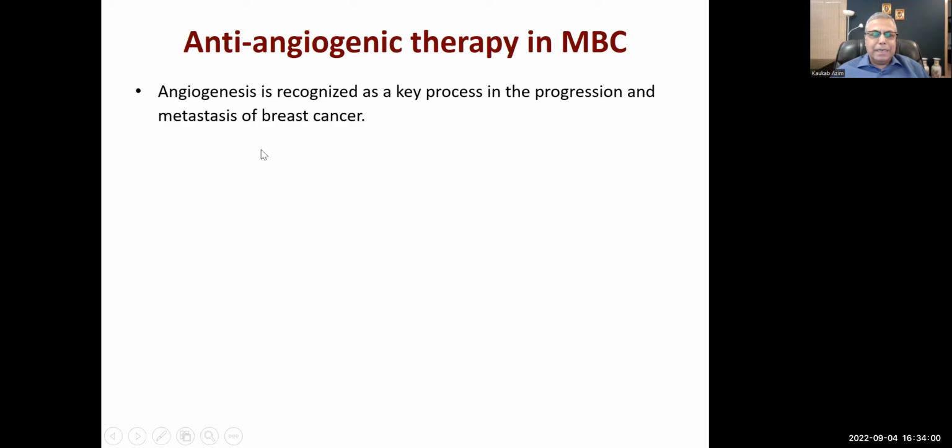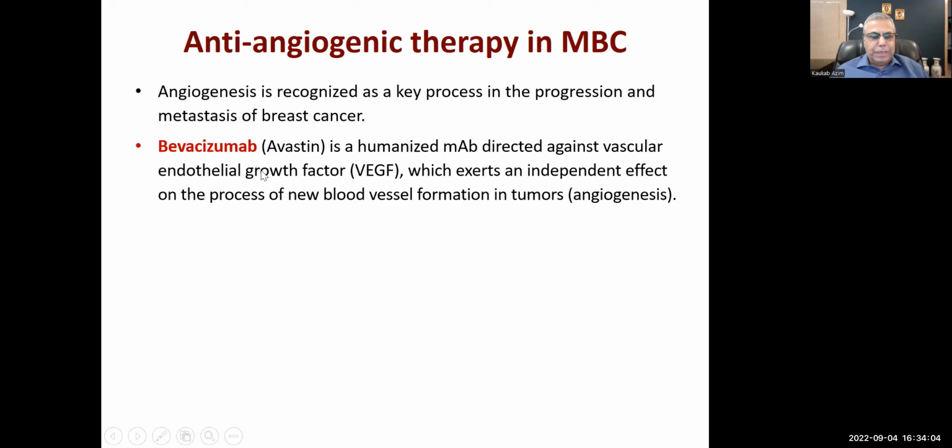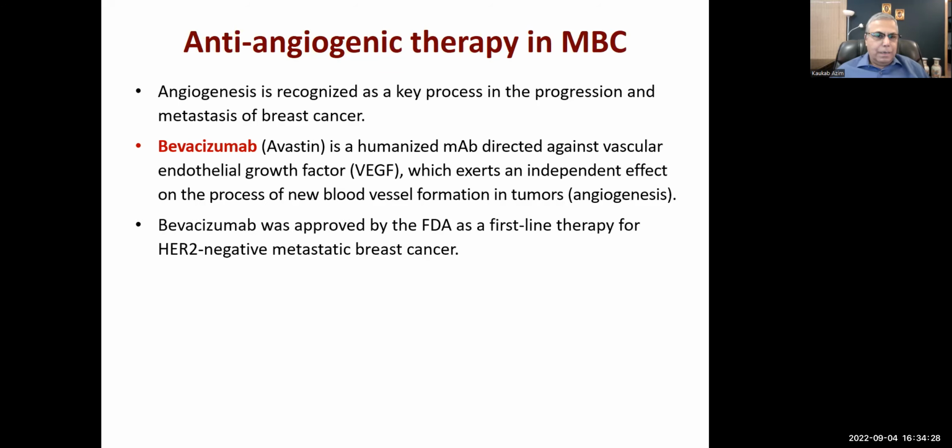So this is an antibody against vascular endothelial growth factor, VEGF. The brand name is Avastin. It is a humanized monoclonal antibody directed against vascular endothelial growth factor, which exerts an independent effect on the process of new blood vessel formation. But unfortunately, in breast cancer, again, the FDA withdrew its recommendation in 2011.